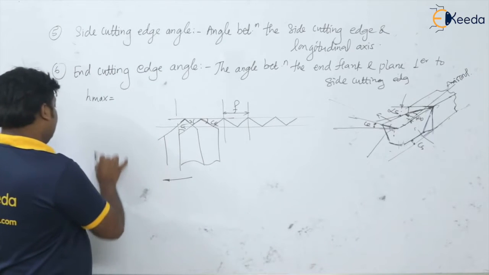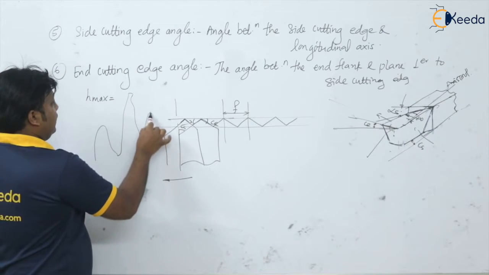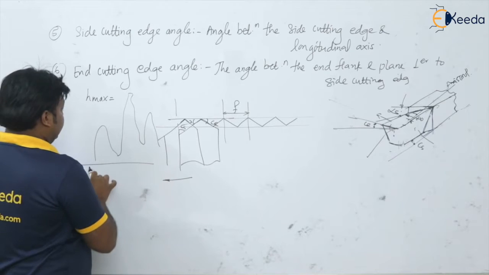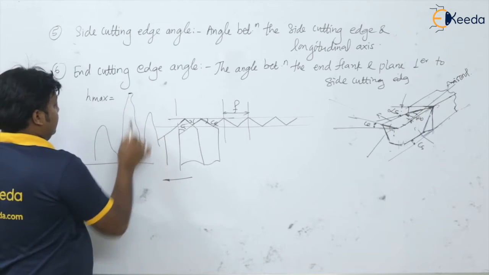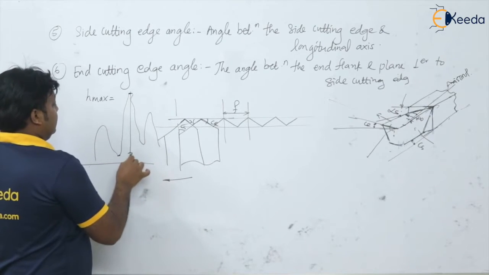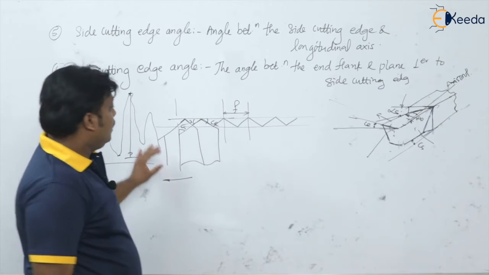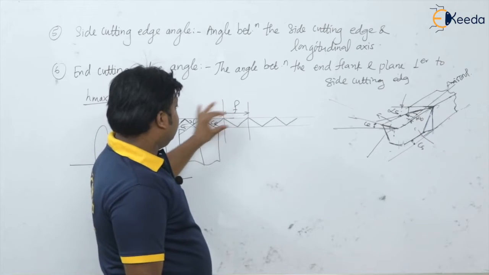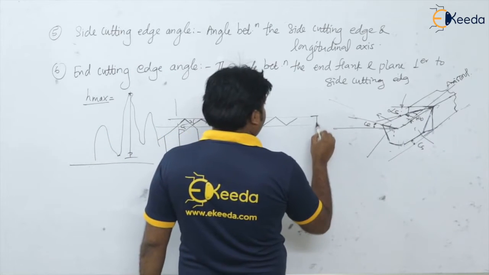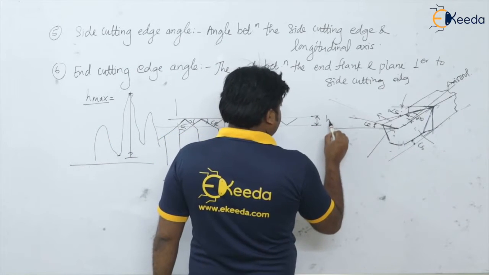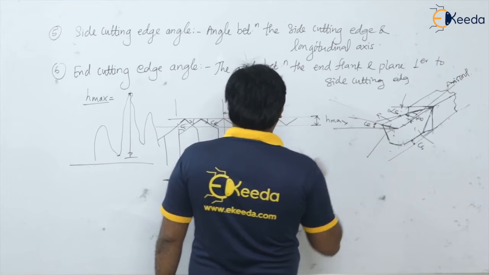So how can we get surface finish? From the datum, the difference between maximum peak and maximum valley is the H max. The same way we are going to find this value H for the surface finish.